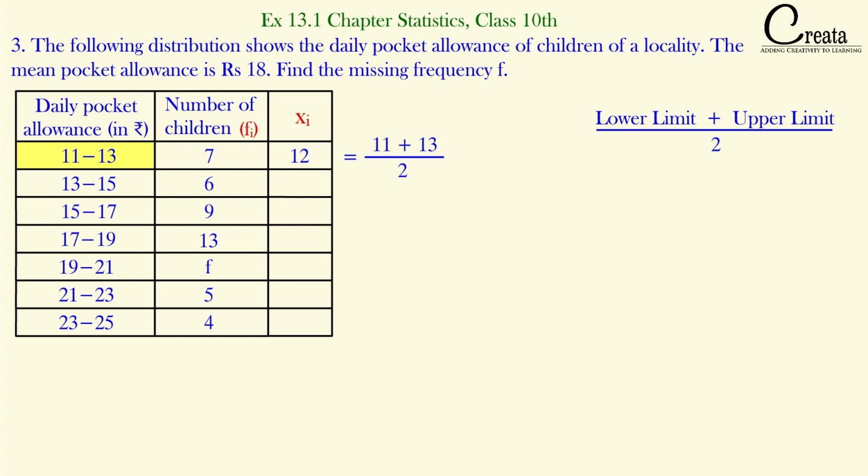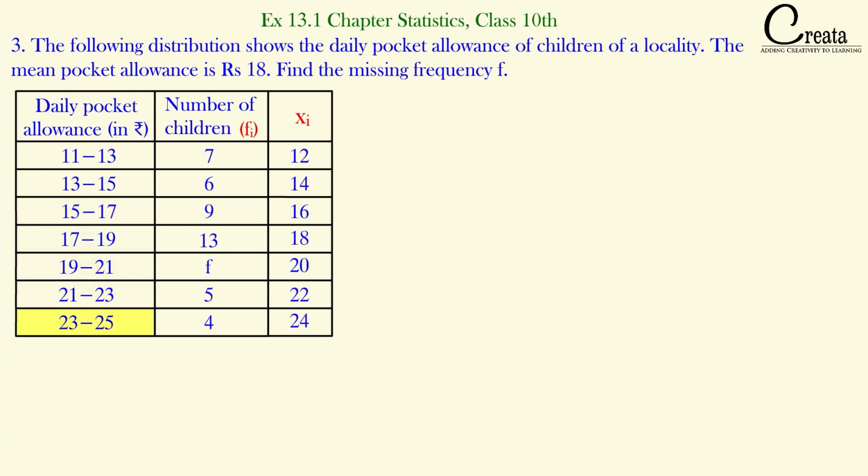Here we are not using the formula, as just by looking at the range, 11 to 13, we easily got the midpoint as 12. Similarly, for 13 to 15, the midpoint is 14. For 15 to 17, the midpoint is 16. Similarly, 18, 20, 22 and 24. These are xi, that is the observation.